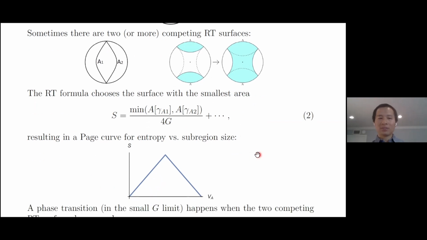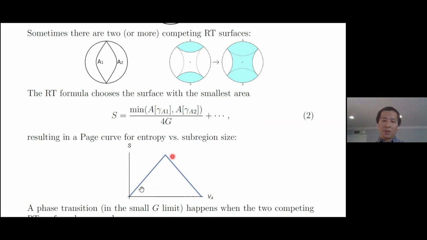And this will result in a Page curve for the entropy versus the subregion size. So as subregion size A grows, entropy first grows, but eventually needs to come down. And for a pure state that we're considering, the entropy needs to reach 0 when the subsystem reaches the full system.